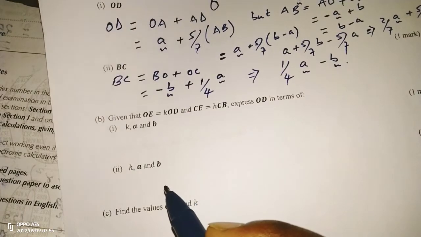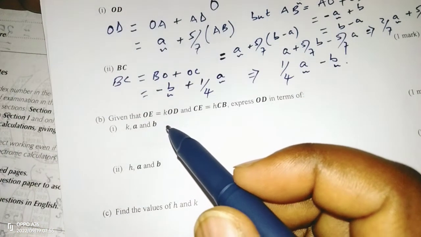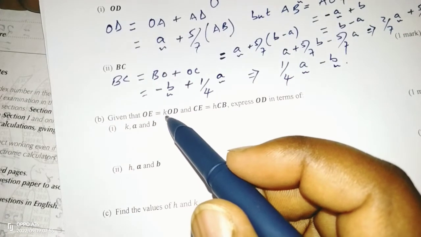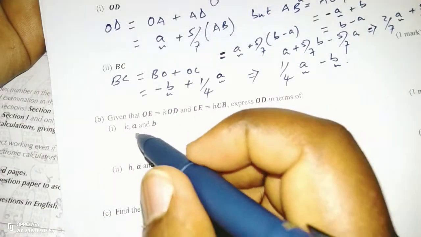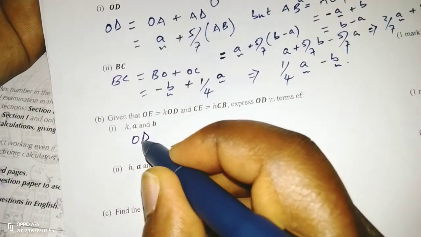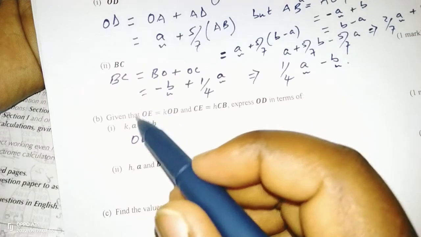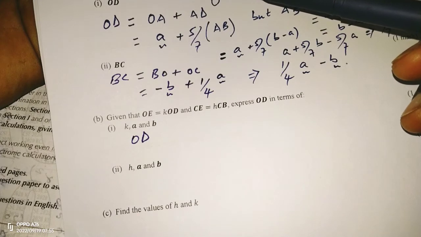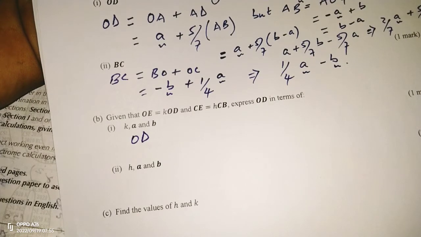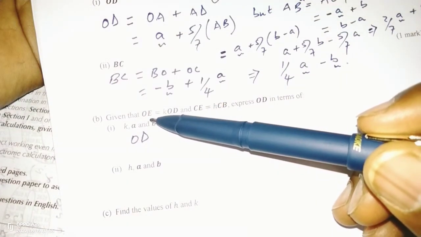First, in terms of K, which means we follow the route through OD, such that we accommodate vector OE.